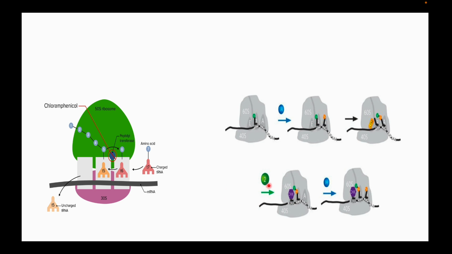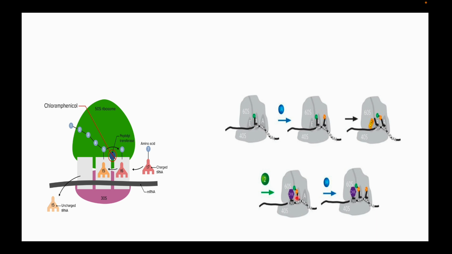What will happen in the presence of cycloheximide? It will come and block at the AUG site, right? The AUG site at the interface of 60S and 40S, and it will lead to truncation of the protein, and this is how it will inhibit protein translation.